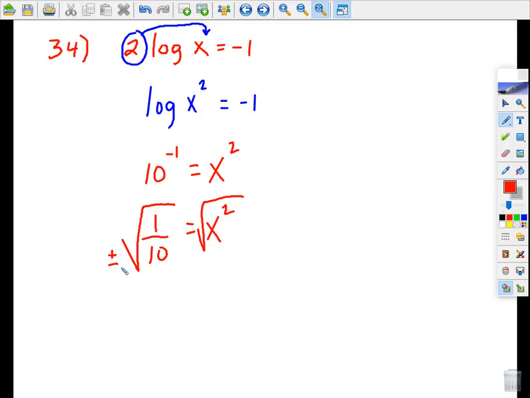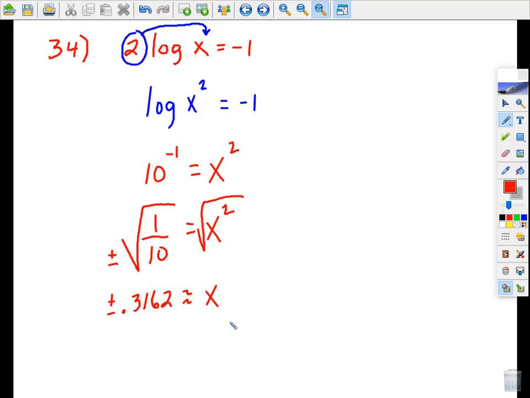So I'm just going to put 1/10 in parentheses, 1 divided by 10. And it comes out as 0.3162 rounded to the 4th decimal place.